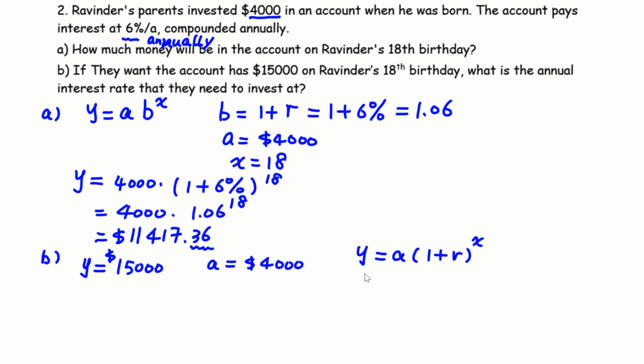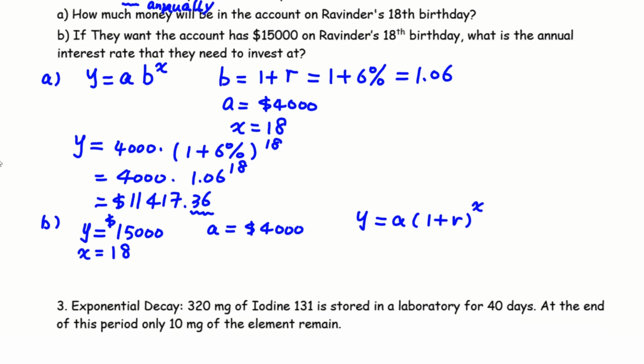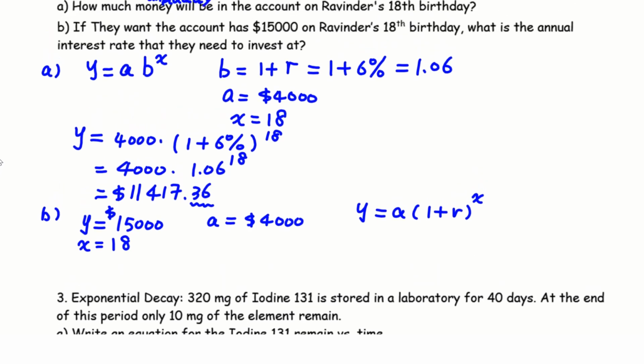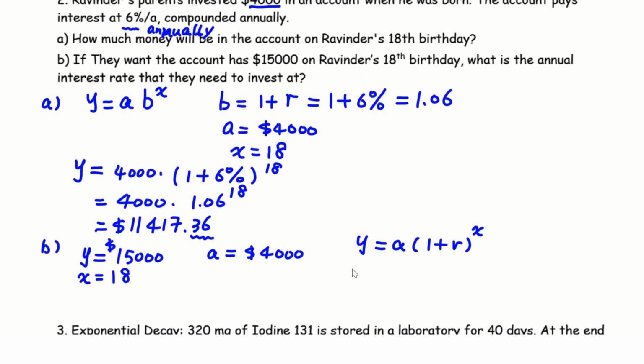So we sub in x is still 18 years. So we sub in this given information, we are going to have $15,000 equals 4,000, then 1 plus the interest rate to exponent 18.